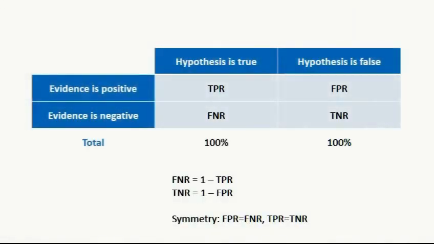You also know the relationship among the four terms in this 2x2 matrix, where by definition the false negative rate equals 1 minus the true positive rate, the true negative rate equals 1 minus the false positive rate, and symmetry is defined as a situation where the two error rates happen to be equal, and therefore the two true rates are equal as well.